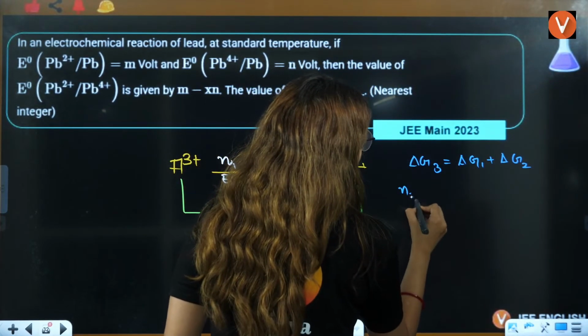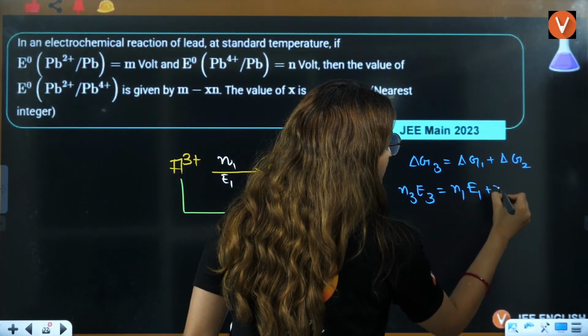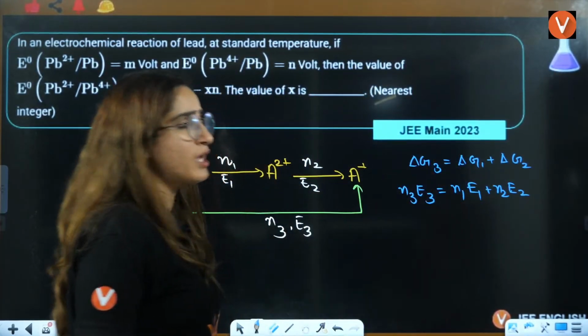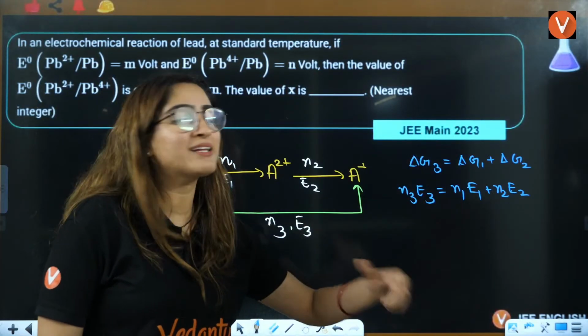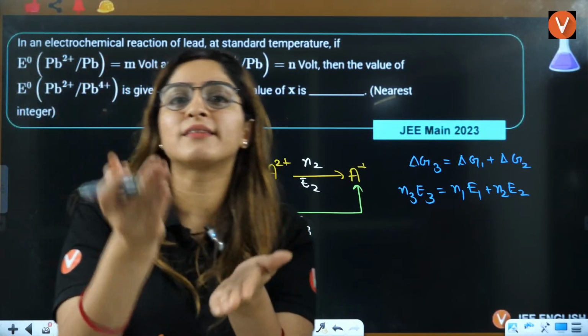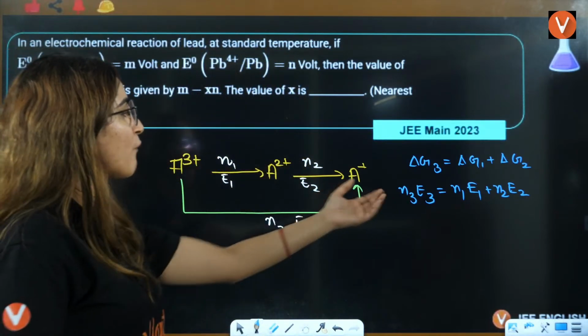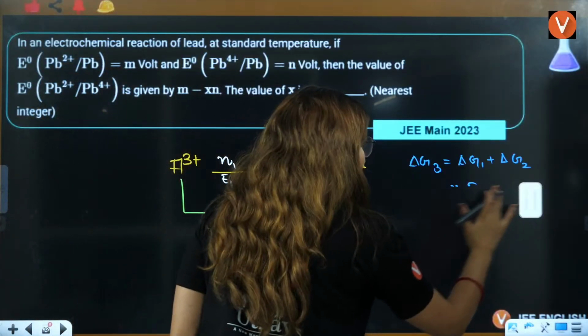This will be N3 E3 is equals to N1 E1 plus N2 E2. So if they ask you any value, E3, E2 or E1, you can calculate it by Gibbs free energy, which is additive in nature. Now ma'am, how can you just write delta G is equals to NF? No, delta G is not equals to NF.